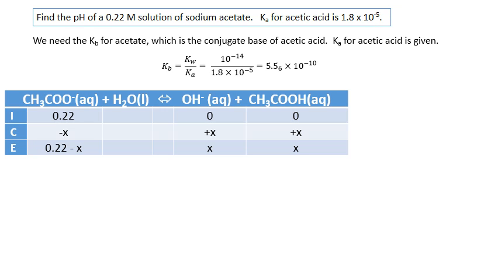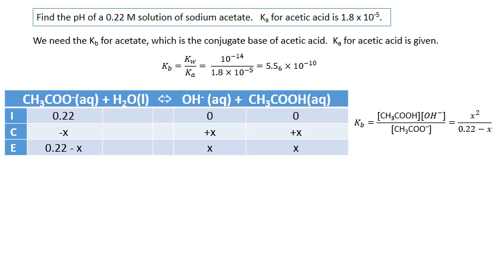Initially, OH minus is 0, and the acetic acid CH3COOH is 0. Change line, minus X on the reactants and plus X for each of the products. Then the equilibrium line, just add up the previous two lines, 0.22 minus X, X, and X. And those have to go into the expression for Kb. So here's the expression for Kb.